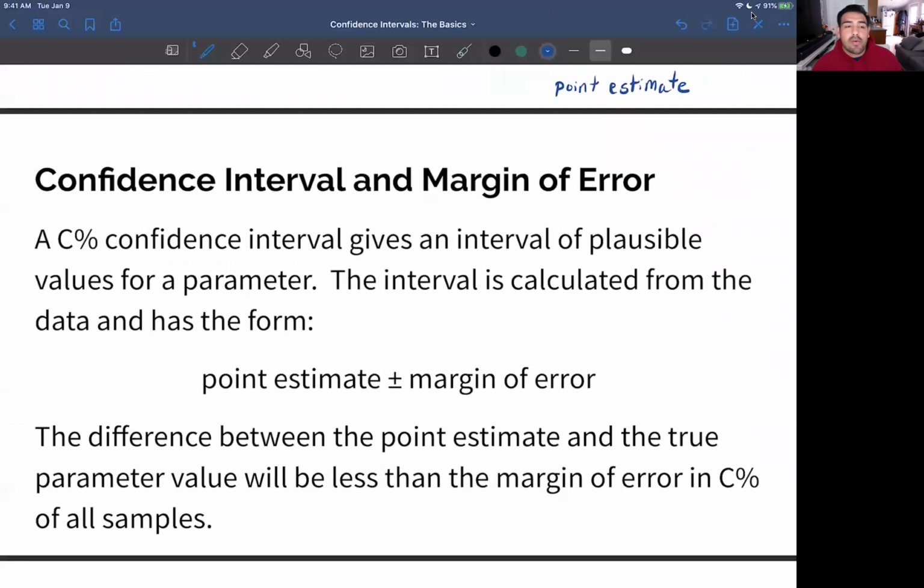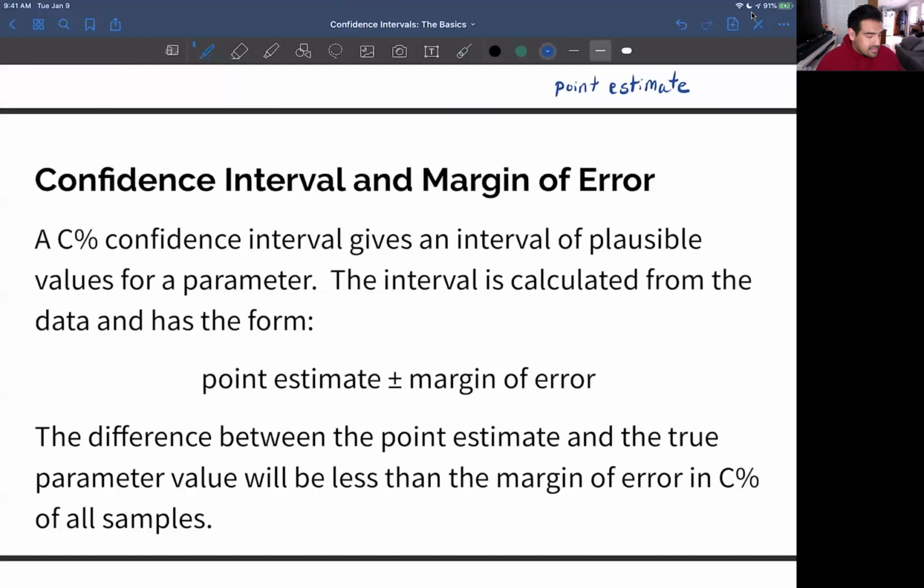So let's talk about what a confidence interval is and what the margin of error is. That's just all conceptual. Now we'll learn the actual formulas for that. A C% confidence interval gives an interval of plausible values for a parameter. The interval is calculated from the data and has the form point estimate plus or minus the margin of error. This is going to be a formula that's going to help us through the rest of the entire course.